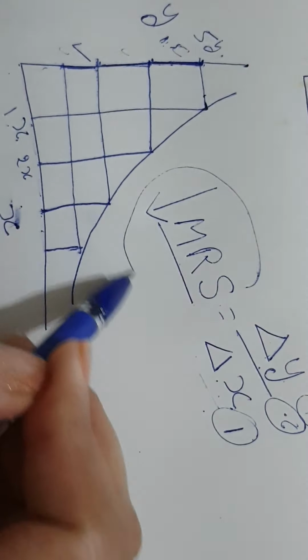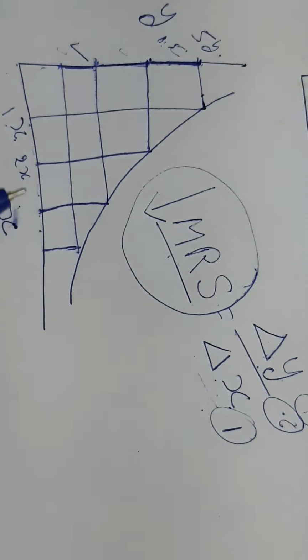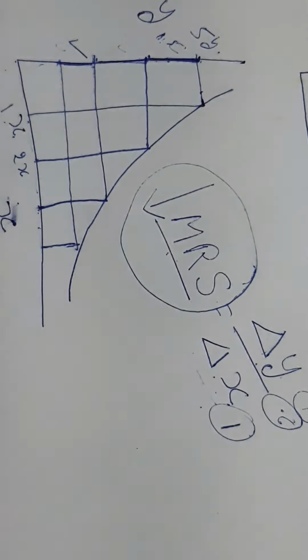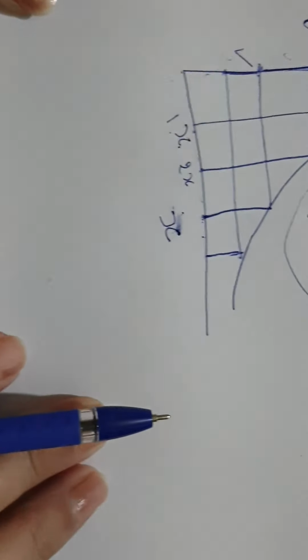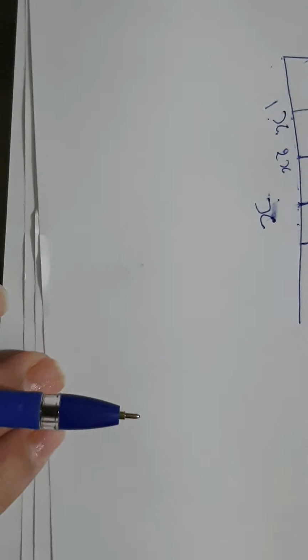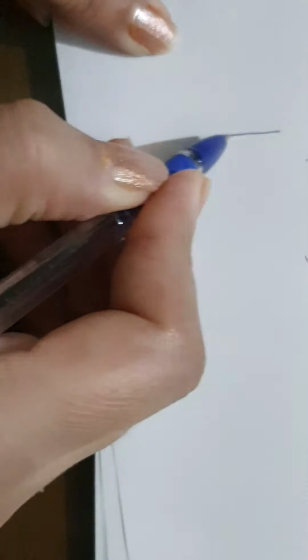So the marginal rate of substitution is the rate at which you are substituting y with x, and this rate is decreasing. One more interesting point here is that the marginal rate of substitution, which is decreasing, is the slope of your indifference curve. Yes, this is the slope of your indifference curve.